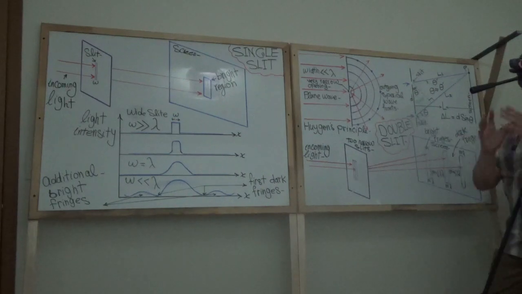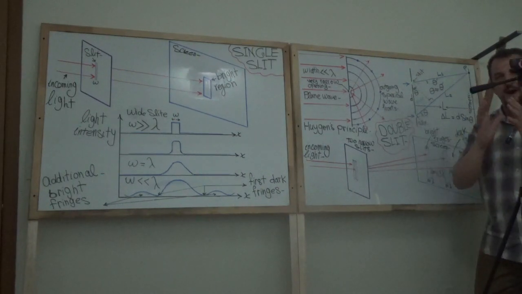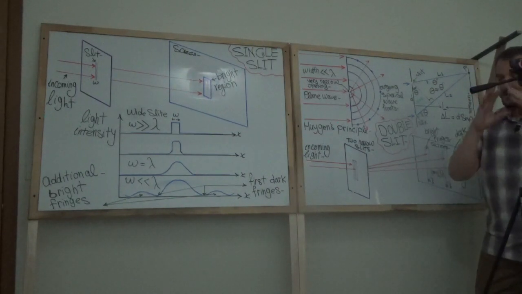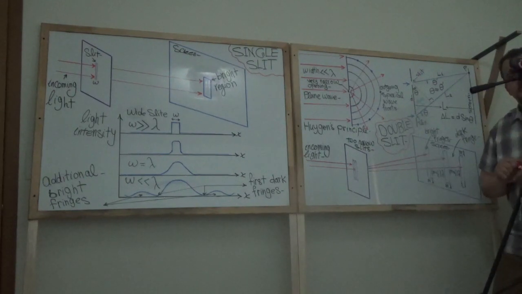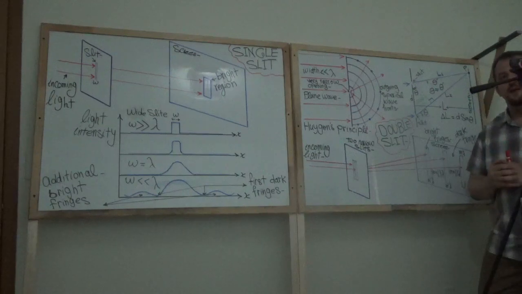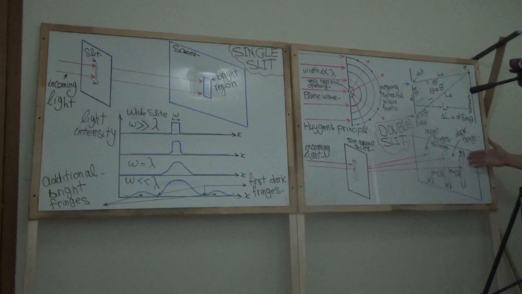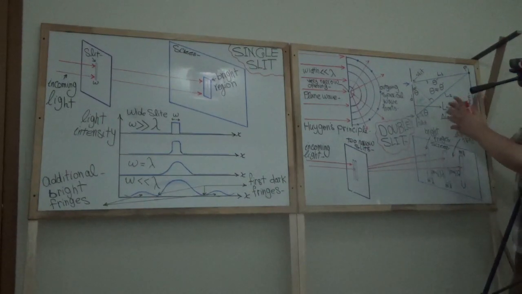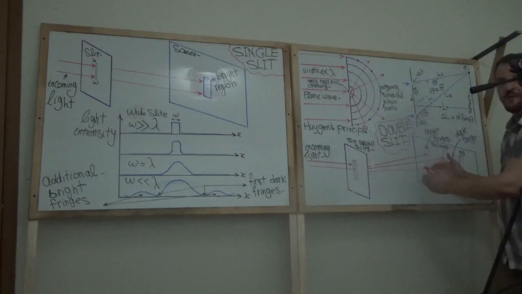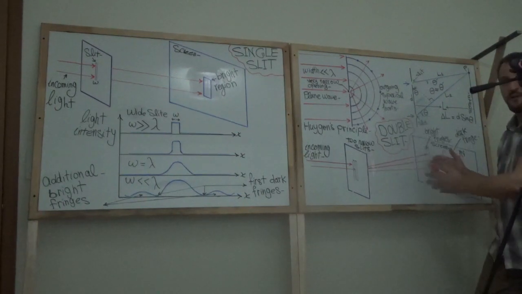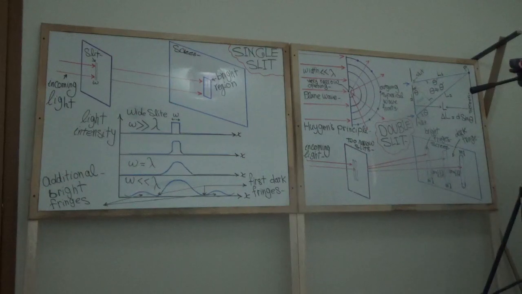That means delta L is equal to (m + 1/2) times lambda, where m is an integer and lambda is the wavelength of the incoming light. So this is how we can understand this experiment, and this is how we can support Huygens' idea using the double slit idea or Young's experiment.